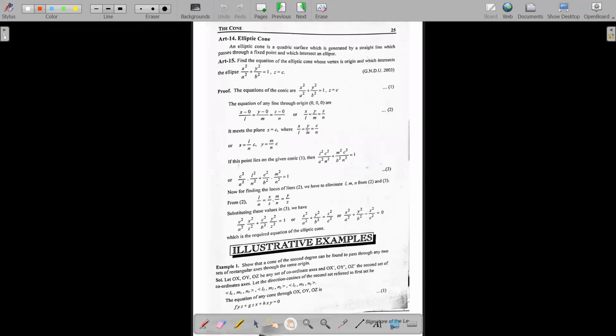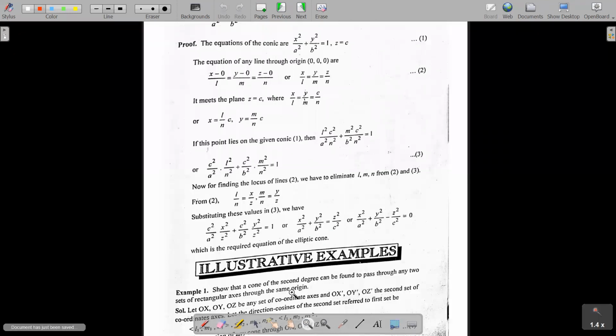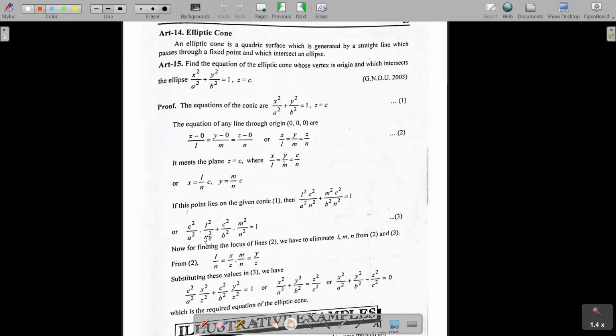Now the next one is elliptic cone. So you see, elliptic cone means the cone which is generated by a generator whose guiding curve is an ellipse. So जैसे हमारे पास right circular cone में guiding curve was a circle. In case of elliptic cone, the guiding curve is an ellipse. So here, find the equation of the elliptic cone whose vertex is origin, right, and which intersects the ellipse.